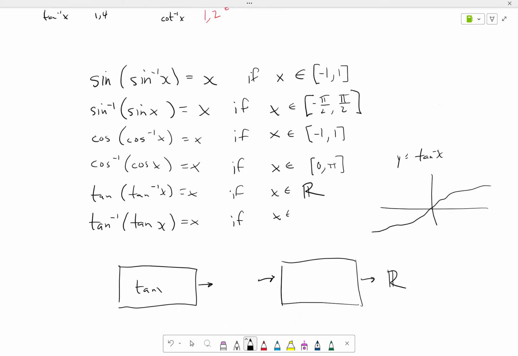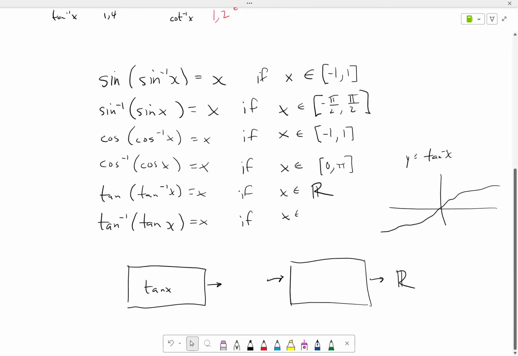So I'm reversing them. Tan x. Could anything go into this? Almost anything could go into it, can it? All but asymptotes can go in there.